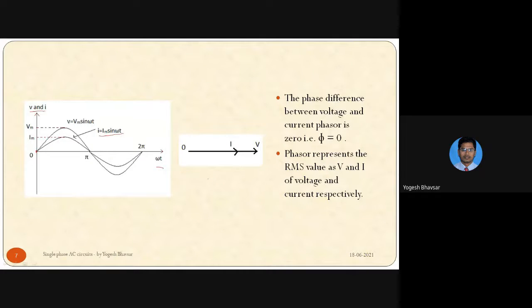Now in terms of the phasor diagram, we can draw the current and voltage both in phase. So here the phase difference is 0, the angle phi is 0, right? And the phasor represents the RMS value of voltage and current respectively. So this is the phasor diagram and waveform.